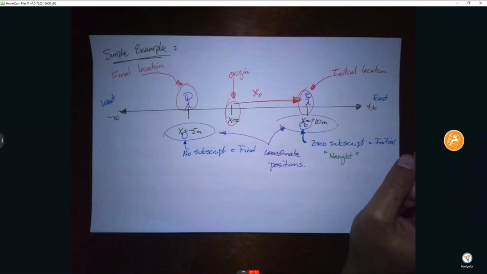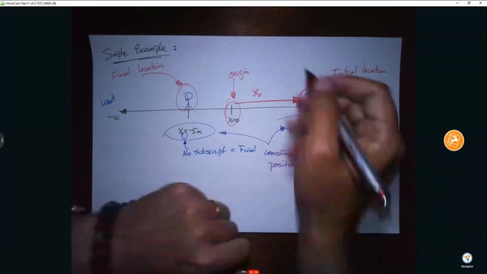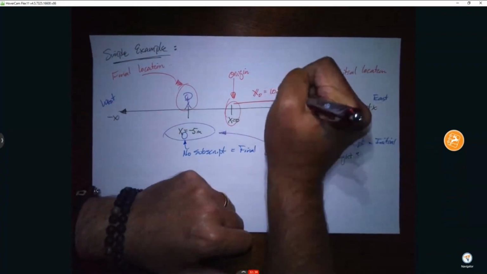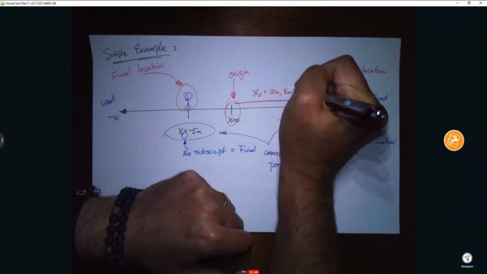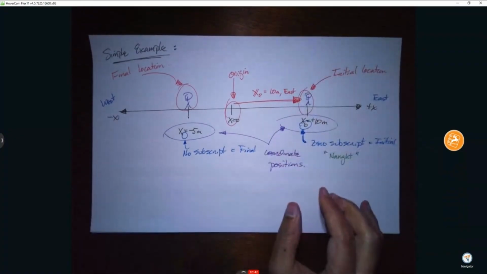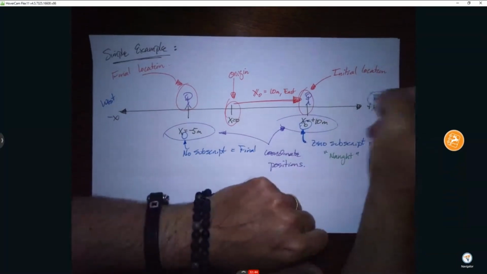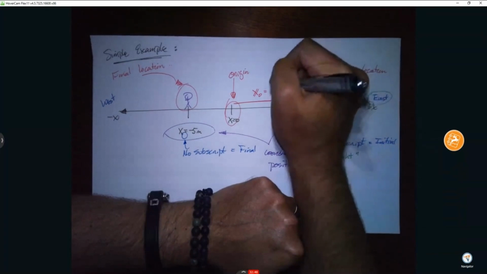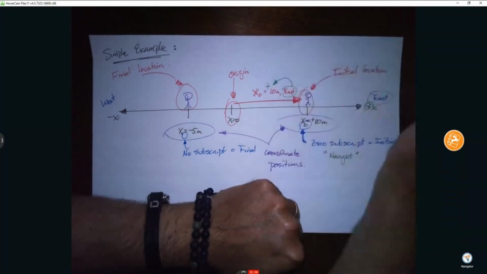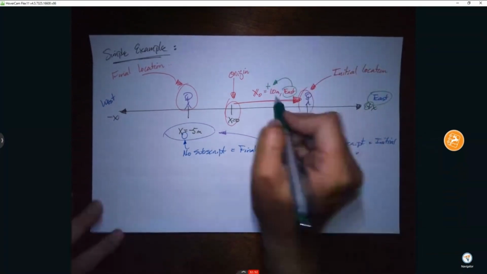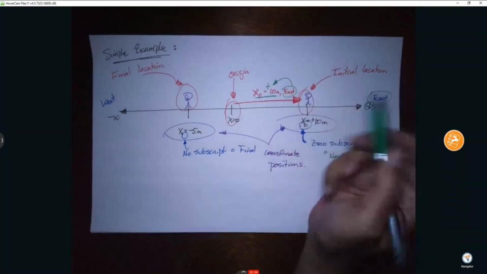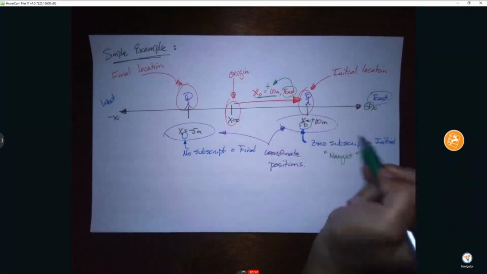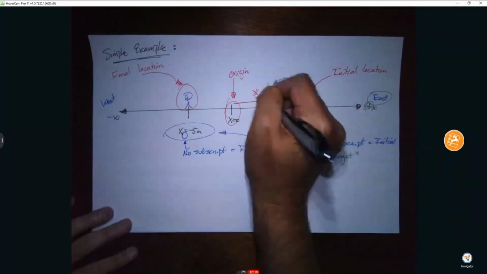And so what we could get is that we could write this one down as 10 meters east. But in this coordinate system, since we coded that east is positive, then we could take this east and then write this down as being a plus 10 meters. And so then we have encoded the information into the coordinate system like I talked about at the beginning.